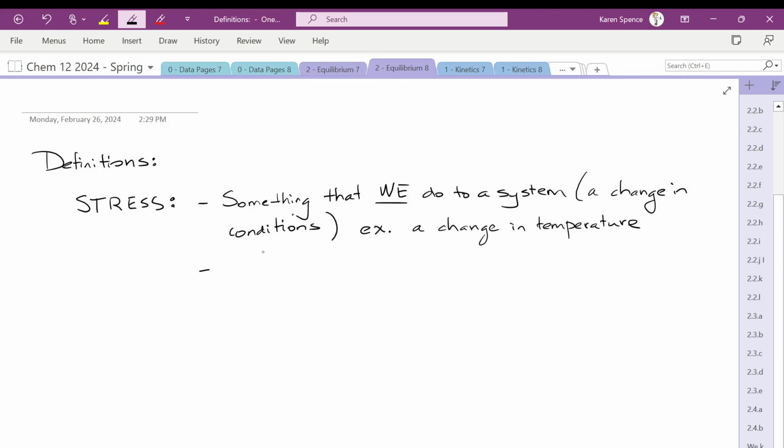Now, systems are at equilibrium because the forward and reverse rates are equal. What a stress does is it changes the rates so that they are now unequal.